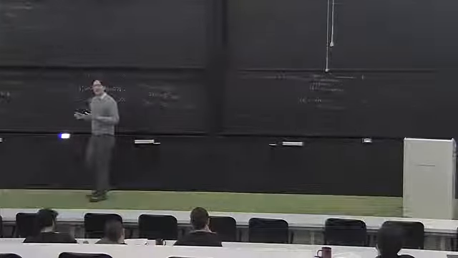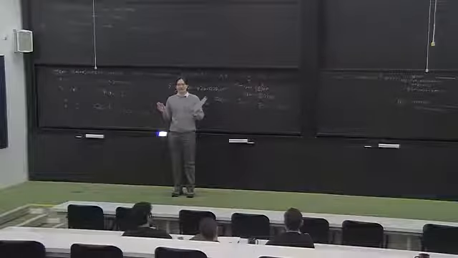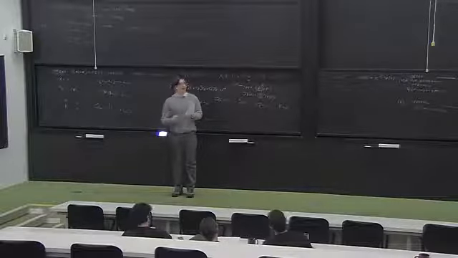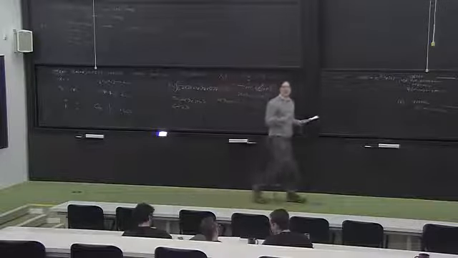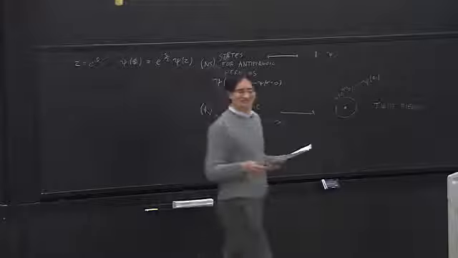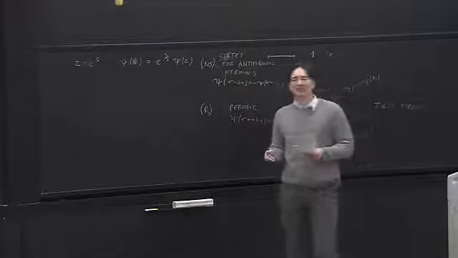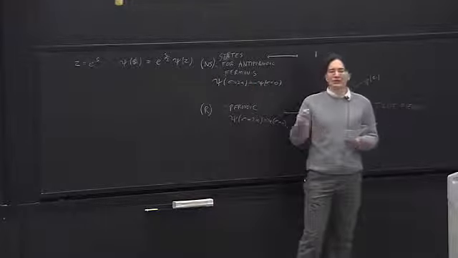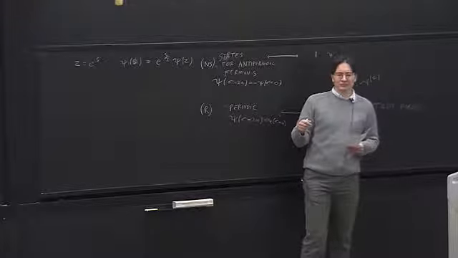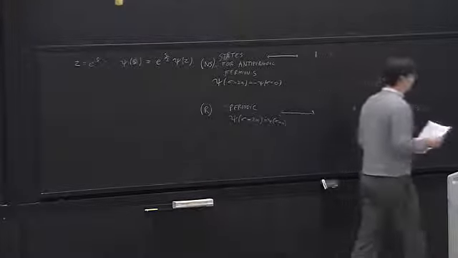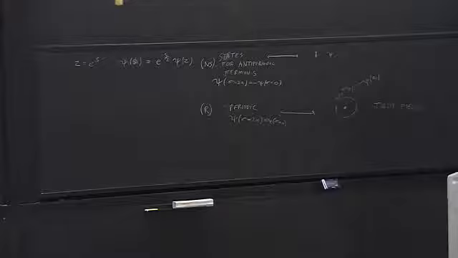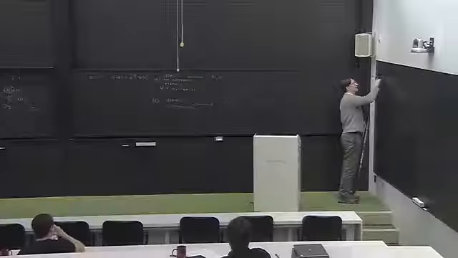Now, have you guys seen the Ising model? That's good. What do you remember of the Ising model? Have you seen the solution of the Ising model? In the Ising model, you have this system of fermions.